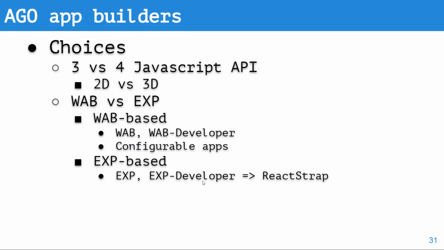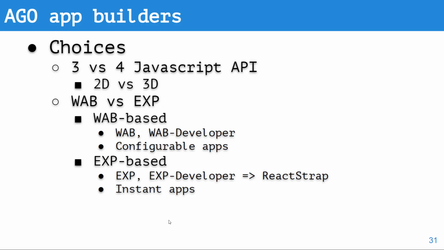And if you need to do something that's not on that list, then you need the developer edition to build your own web control. The instant apps are associated with Experience Builder. They're like the configurable apps for Web App Builder, but they're Experience Builder based, React technology. We should probably also mention Calcite, the cascading style sheet library from Esri.